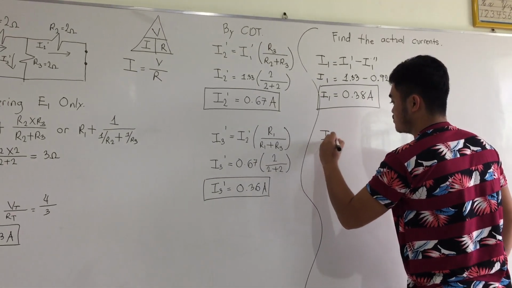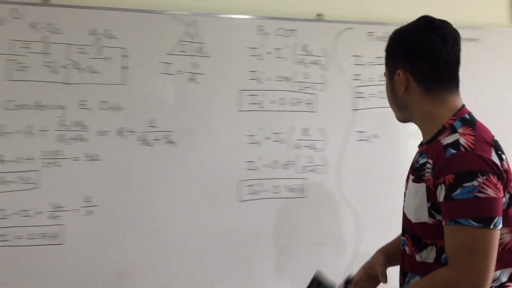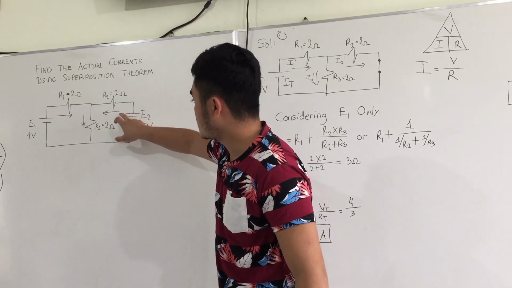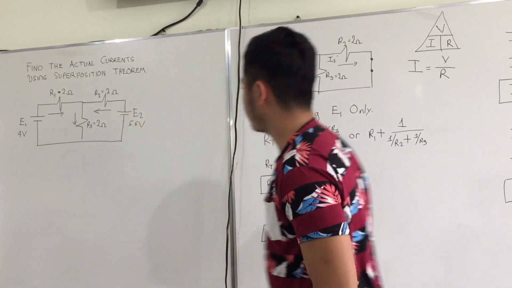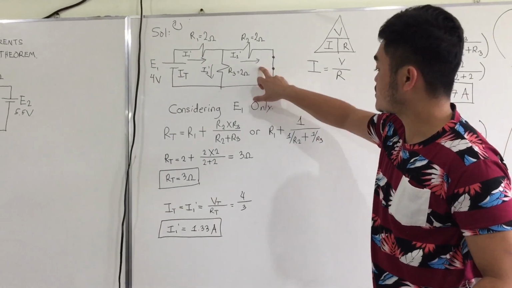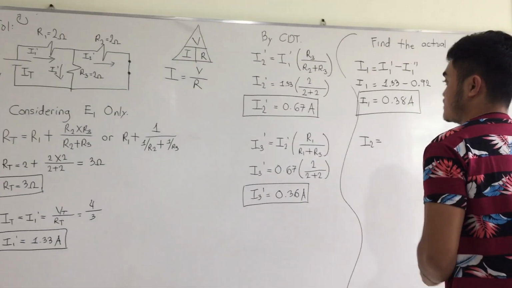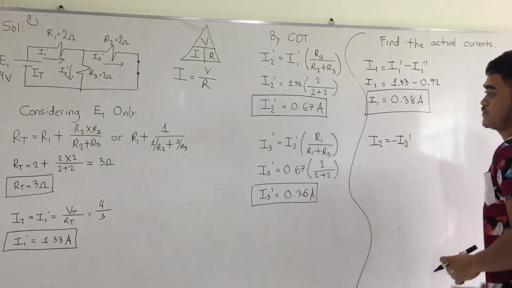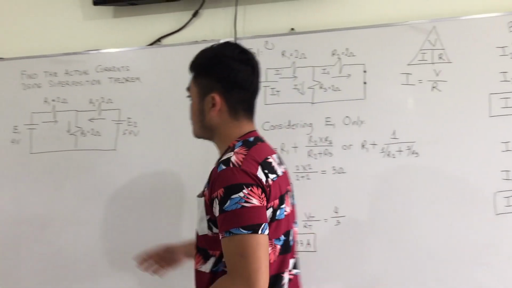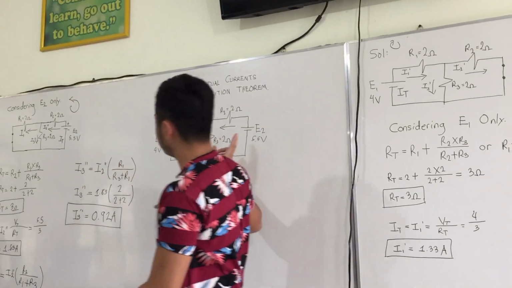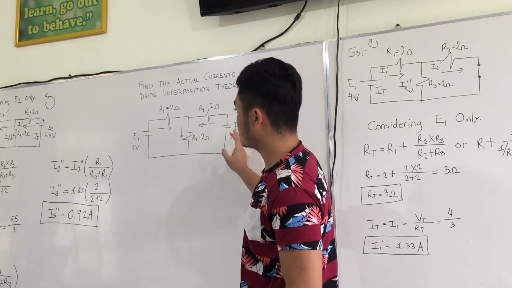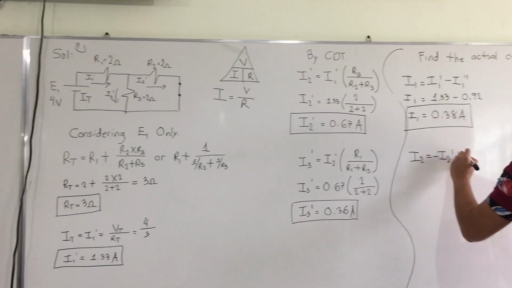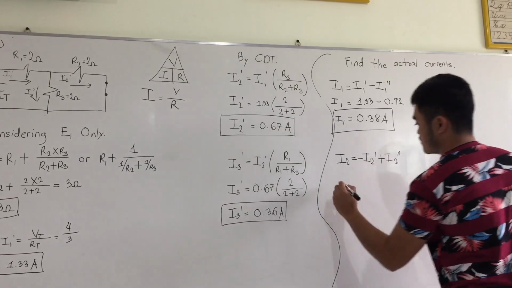In I sub 2, the original direction of the circuit is our I sub 2 is going to the left, and our I sub 2 prime is going to the right, that is negative I sub 2 prime. At sa I sub 2 double prime naman is same siya dito sa original direction ng circuit natin, so that is positive I sub 2 double prime.